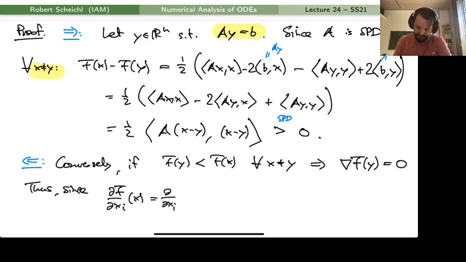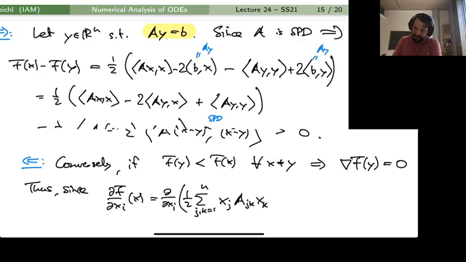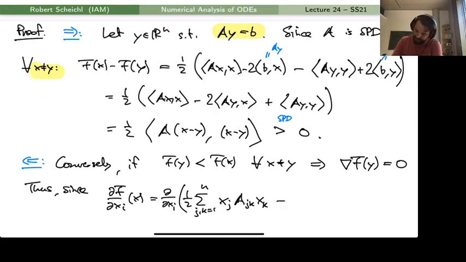I write out everything in sums, so I get a half sum j, k equals 1 to n of x j a j k x k, that's the inner product of Ax with x, minus, and the inner product of b with x is simply the sum j equals 1 to n of bj xj.